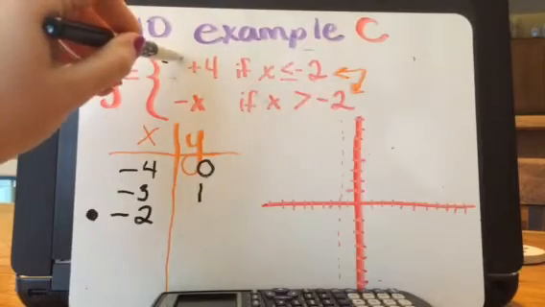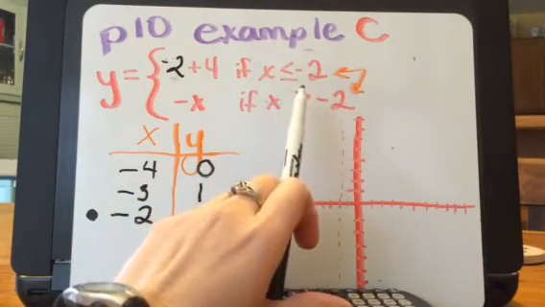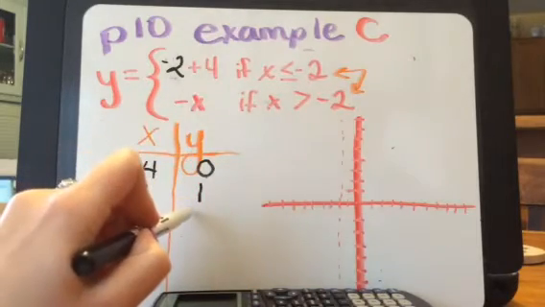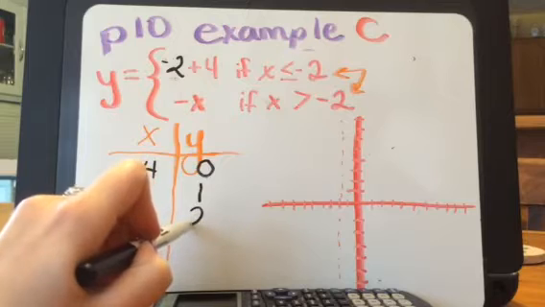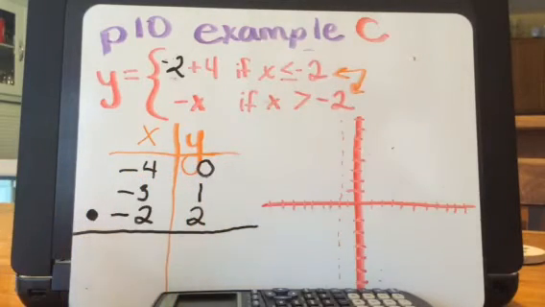And when I plug in a -2, because remember my x can equal -2, -2 plus 4 gets me a +2. So there's the first rule, up to the point that I hit that dividing line.